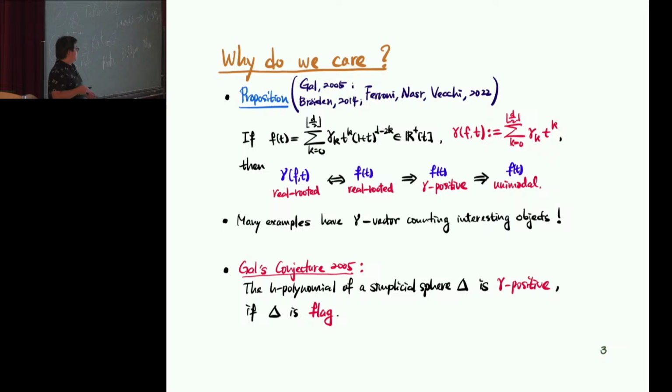Another reason is that there are many examples of palindromic polynomials whose gamma vectors count very interesting combinatorial objects.